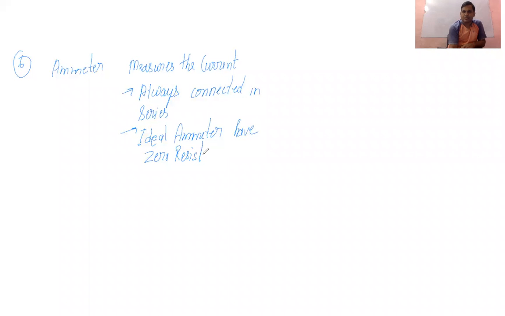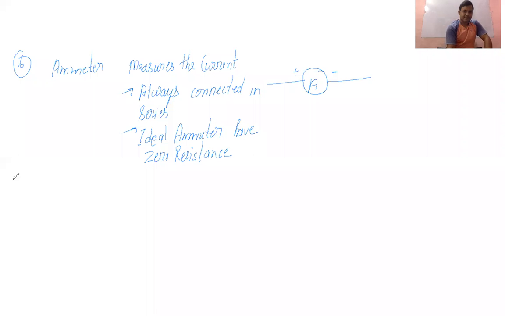These are two important points regarding the ammeter. The symbol of the ammeter will be like this, and here will be A, with plus and negative.